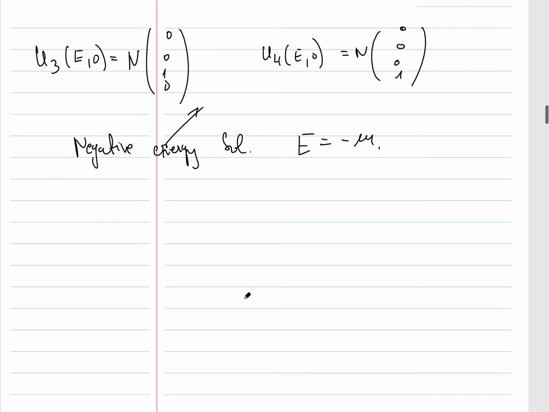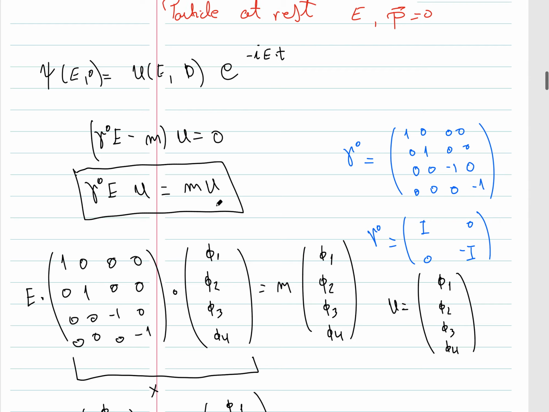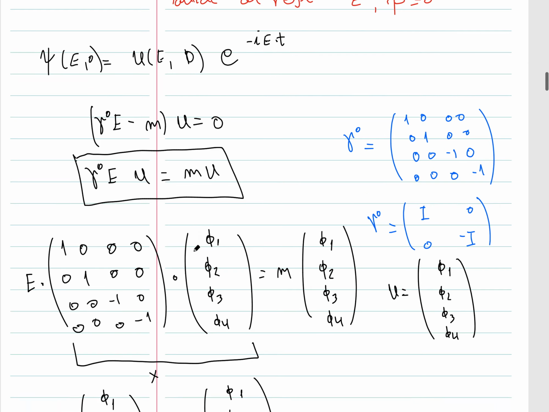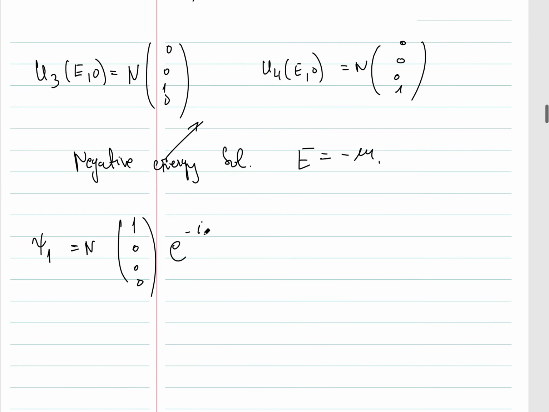Now we have 4 plane wave solutions. Psi1 is n times 1 0 0 0 times e to the minus iEt, which for the first two solutions with plus m is e to the minus imt, and psi2, which is n times 0 1 0 0 times e to the minus imt.